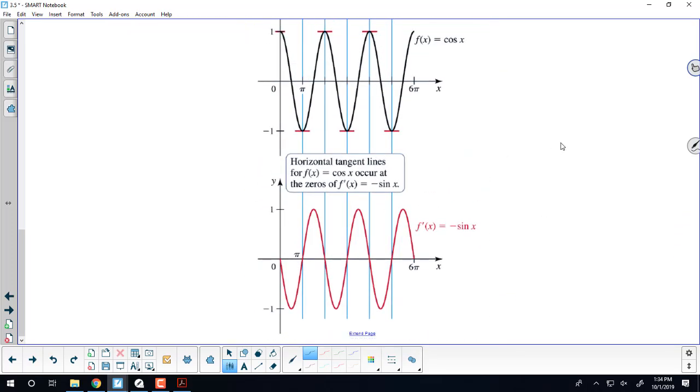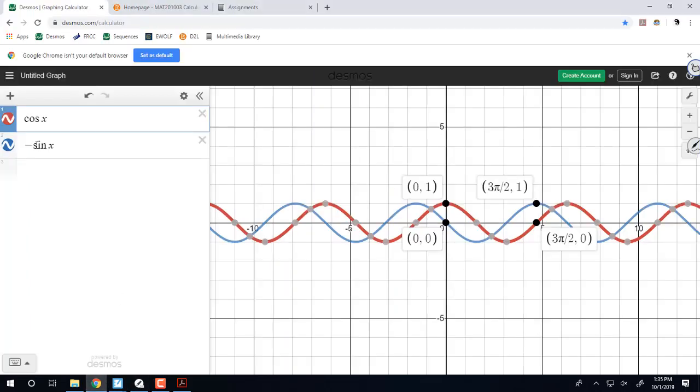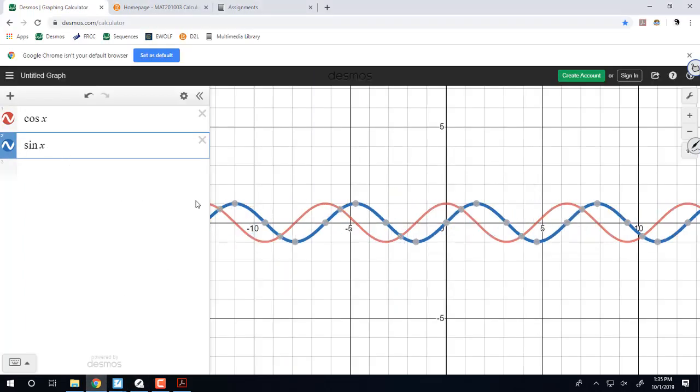Okay, so where cosine has horizontal tangents, that's where the derivative is 0. So we can see all of these horizontal tangents of cosine corresponding to zeros on the negative sine function, not positive sine.